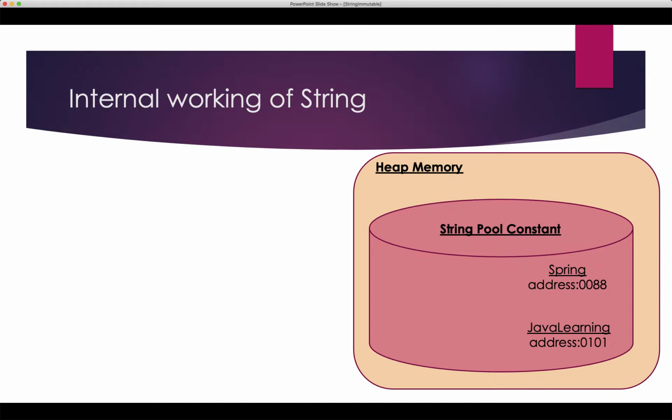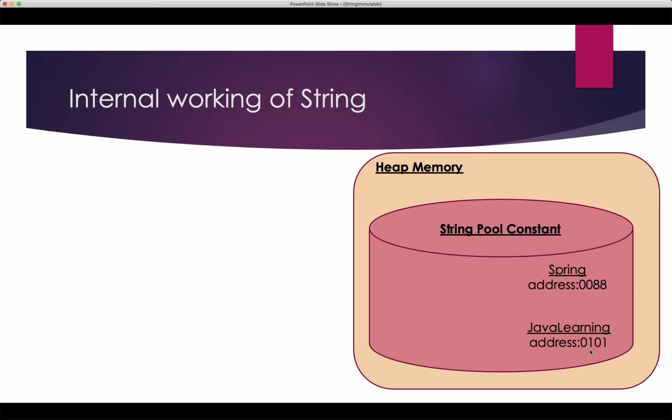So here in this string pool constant, I already have two strings that, let's say, I have created in my program previously. The first string is named Spring, which is stored on the address 0088, and I have one more string, Java Learning, which is stored on the address 0101.